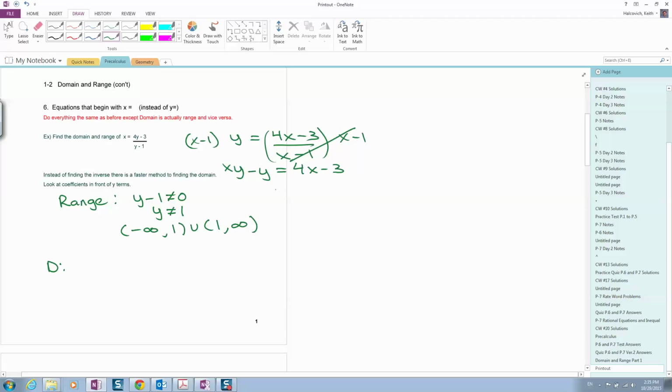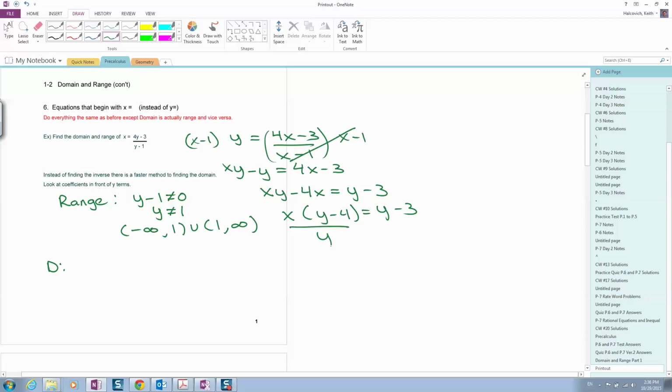So I'd get xy minus 4x equals y minus 3 when I move everything over. Then I factor out the x, so I get x times (y minus 4) equals y minus 3.